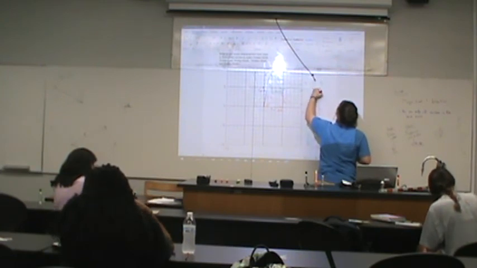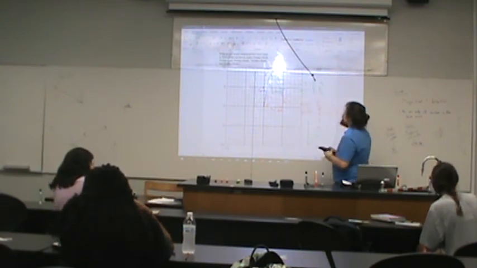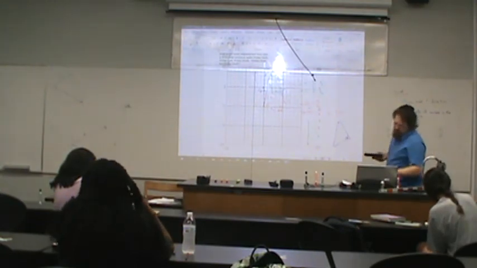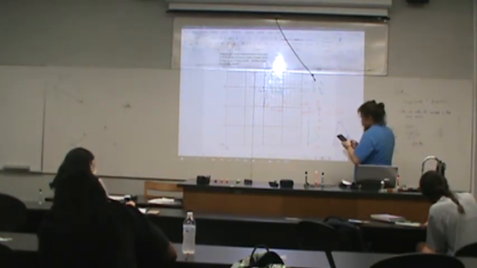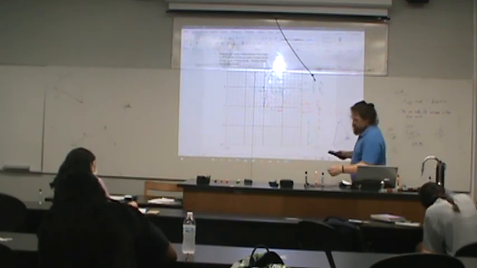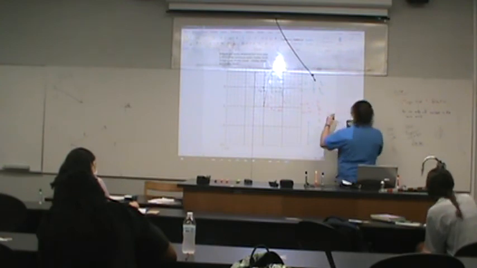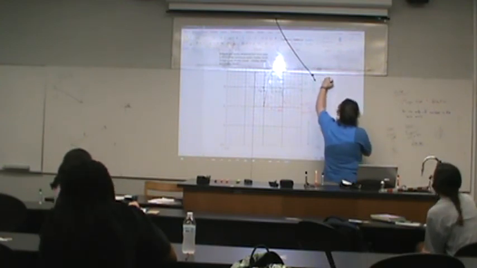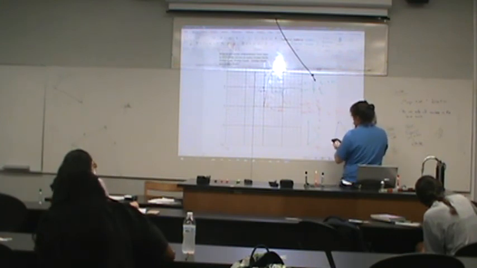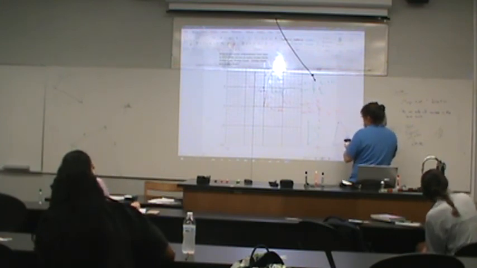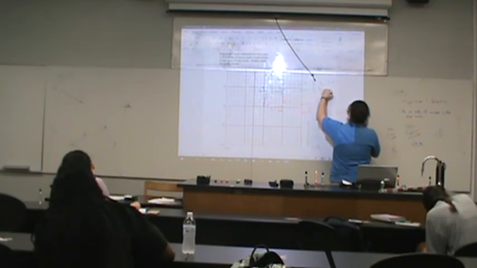So, to quickly get you to an answer, by is 4.97 and bx is 3.36.